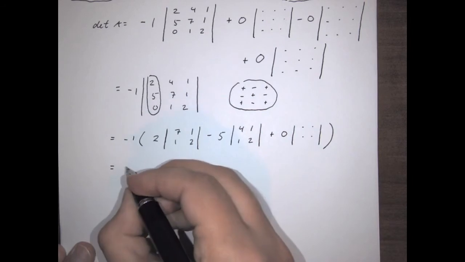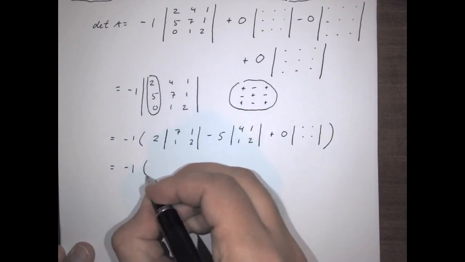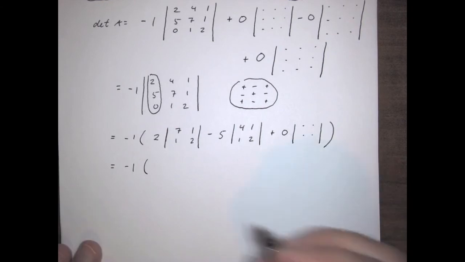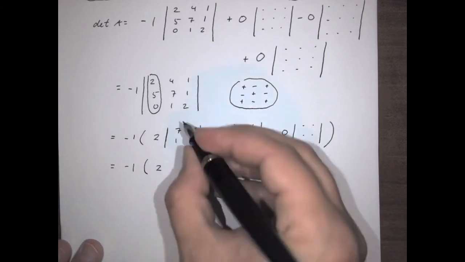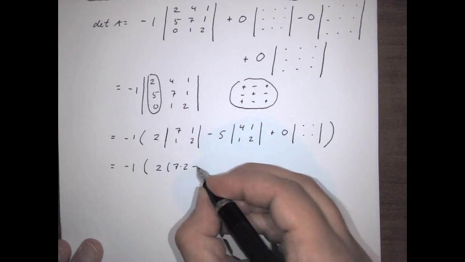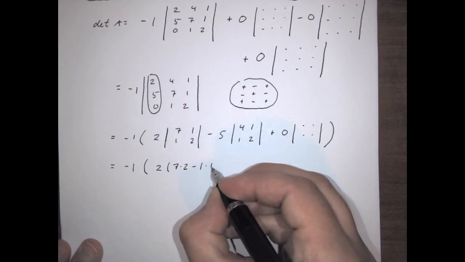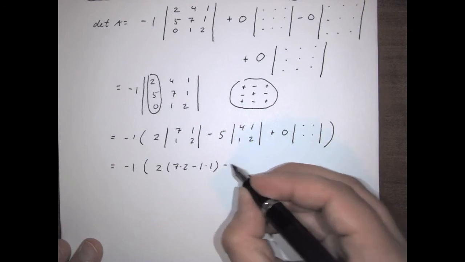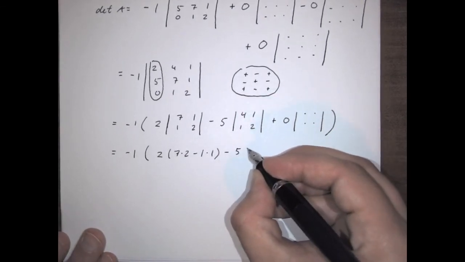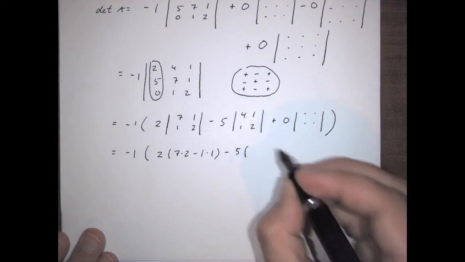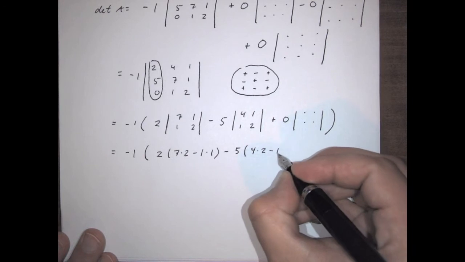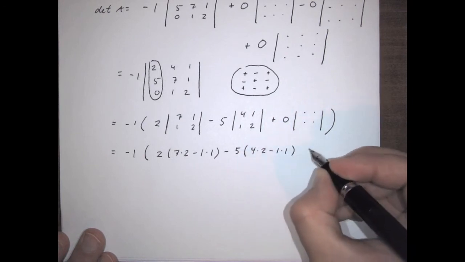Okay, so what do we got here? It's -1, and again, you can do your arithmetic in whichever order you find most convenient. I'm just doing it as it says. So 2 times, and you don't have to write out every step of this, it's just this being one of our first examples. It is not a bad idea to leave a paper trail so you can see what goes where. So then 4 times 2 minus 1 times 1 plus 0.